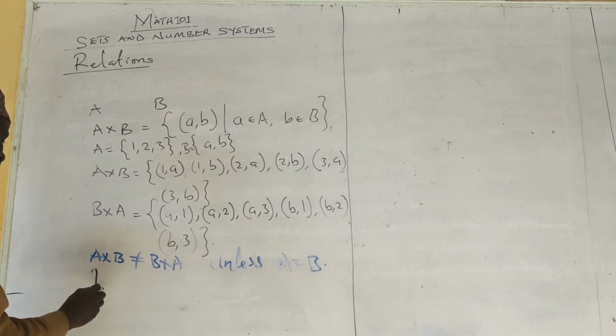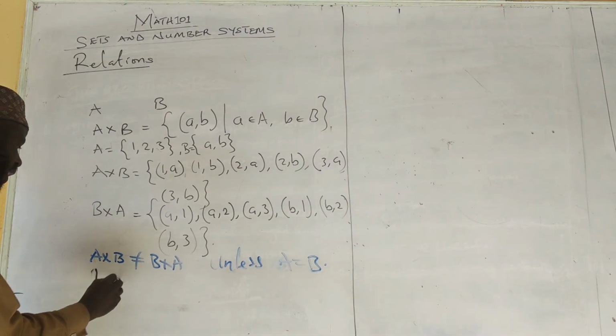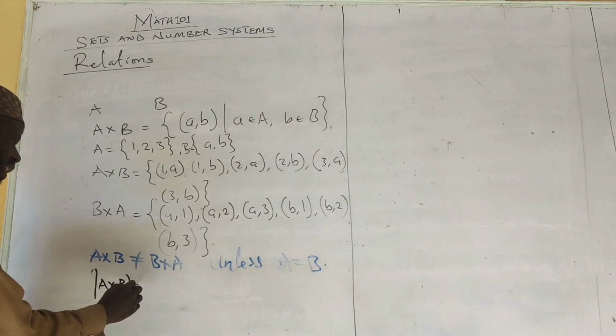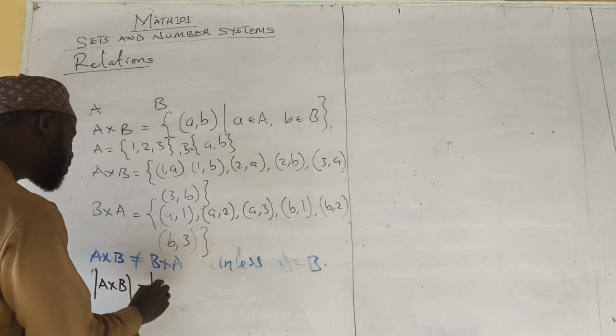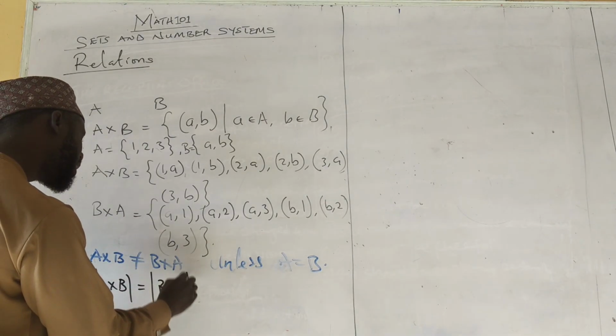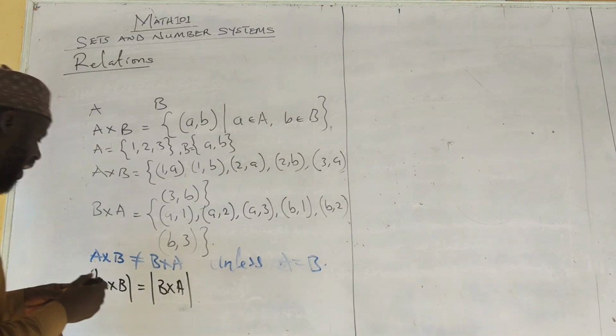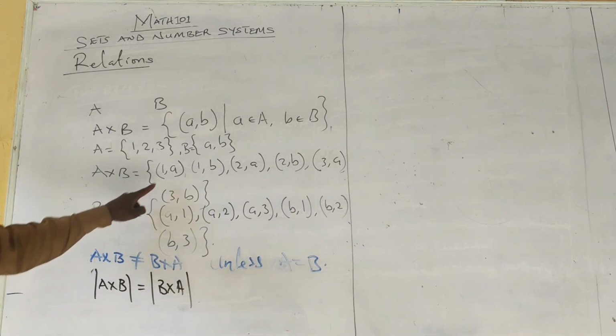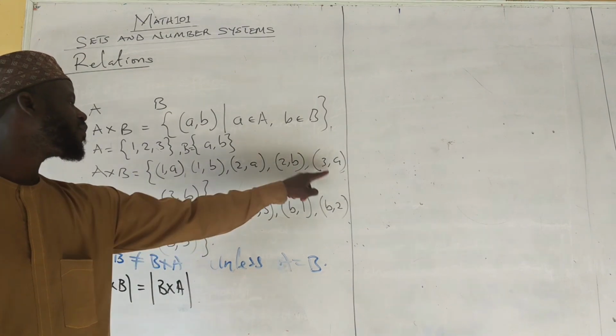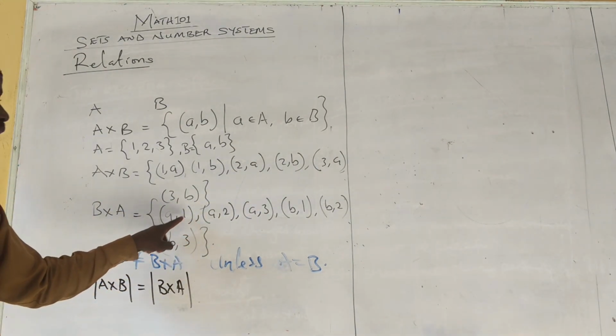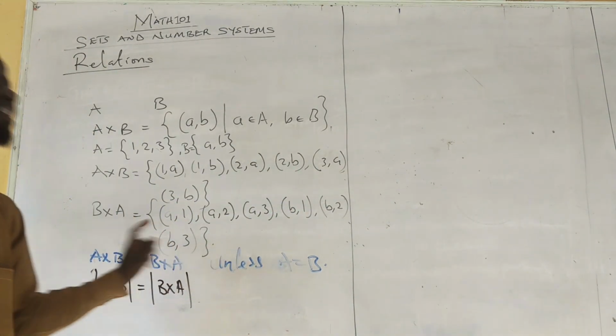What about the size? The size of A cross B is equal to the size of B cross A, even if A and B are two different sets. Look at this: we have 1, 2, 3, 4, 5, 6 elements in each.